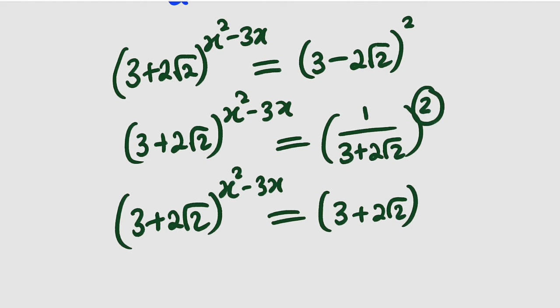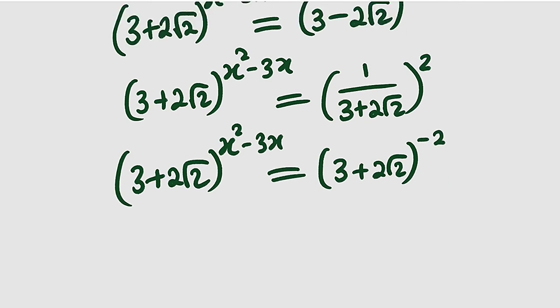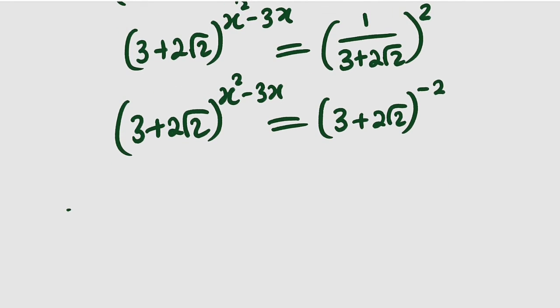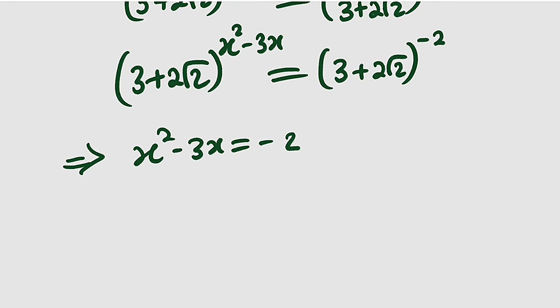But we still have a power of 2, so they will multiply, making what? Negative 2. The bases are now the same, which implies that their exponents must be the same, right? Once you take negative 2 in, it becomes positive. So this is x squared minus 3x plus 2, and this is equal to 0.